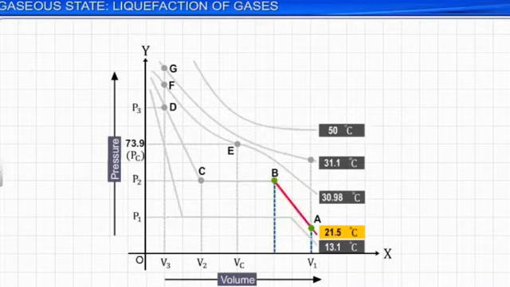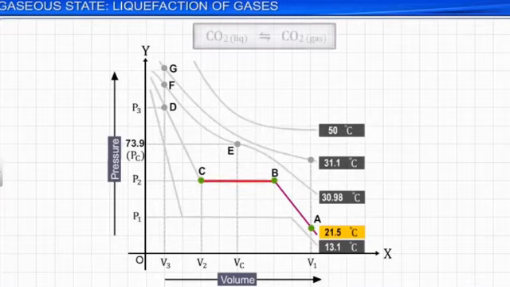On increasing the pressure, the volume of the gas decreases along curve AB. The liquefaction of the gas starts at point B and continues along BC, which is evident by the sudden decrease in the volume. Both liquid and gaseous carbon dioxide coexist in equilibrium along the line BC.